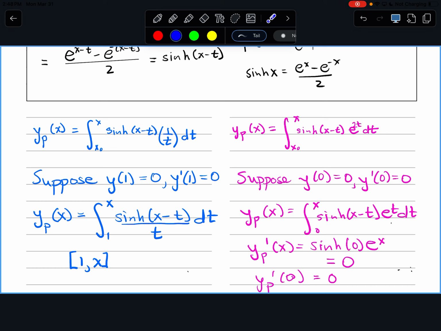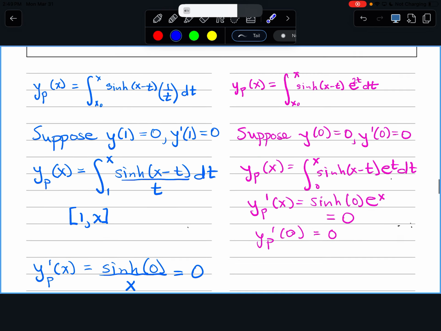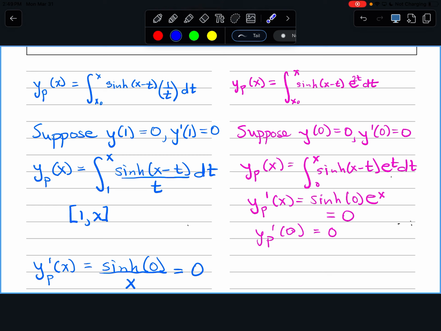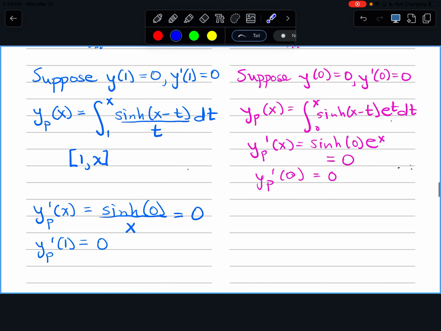So on this first one, on the blue, you'll notice I gave you initial conditions. I said, suppose y of 1 is equal to 0 and y prime of 1 is equal to 0. And notice how I wrote the integral right here. So y of 1 is equal to 0, y prime of 1 is also equal to 0, and you can check that out.